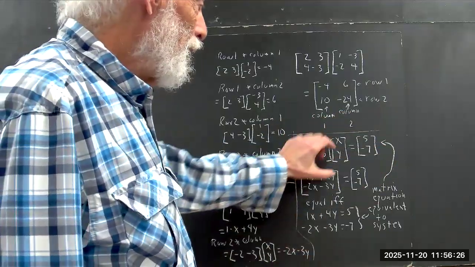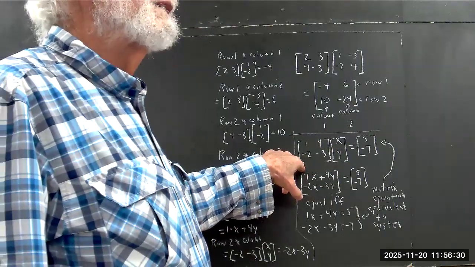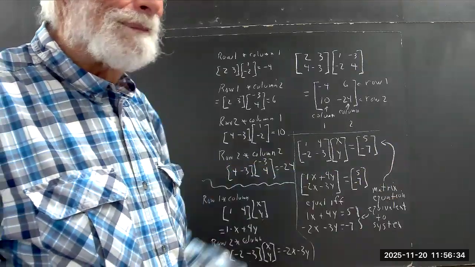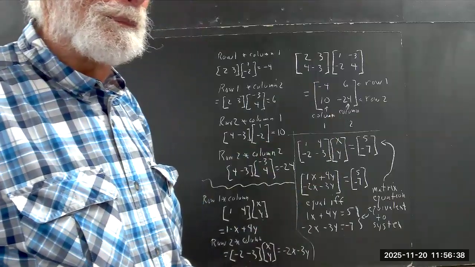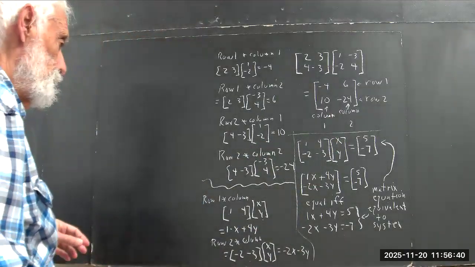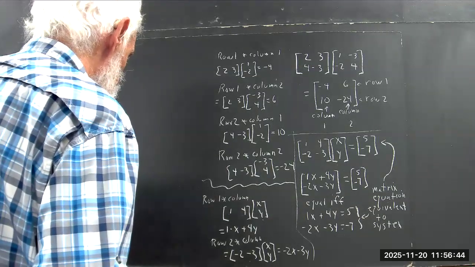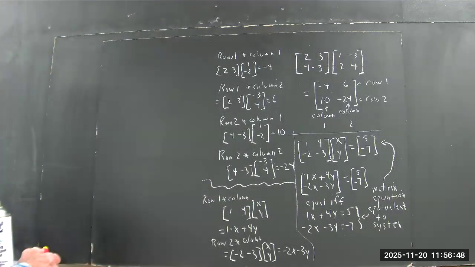It's kind of like then this would be this divided by this. Well, you can't divide by a matrix, but you can multiply by its inverse. You don't need to know that, but that's where the picture goes. So what I'd like you to do is convert a matrix equation.